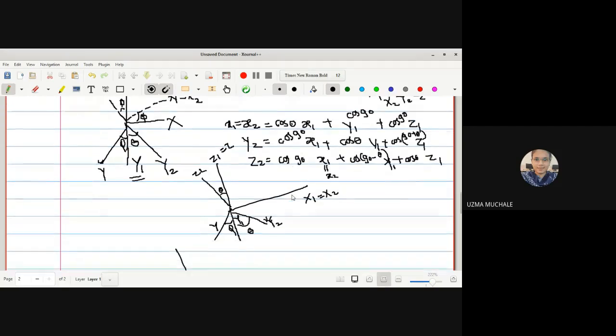Now if you are not having a doubt, let me write this down. x2 is equal to cos 0, which is 1, so x1, cos 90 is 0, again cos 90 is 0, so x2 is equal to x1. That is our original equation. So y2 is equal to cos 90, then cos theta y1 plus cos 90 plus theta, which is sin theta.